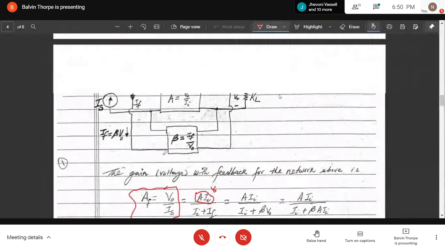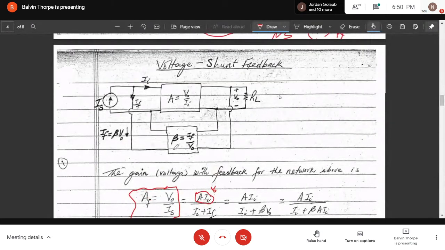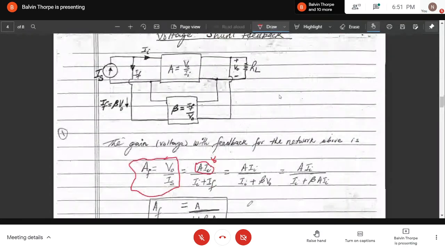So it simply means that we can express this as VO over II plus IF, which means we can actually write this in terms of IS again, because guess what? IF, which is the current feedback, is really beta times VO.